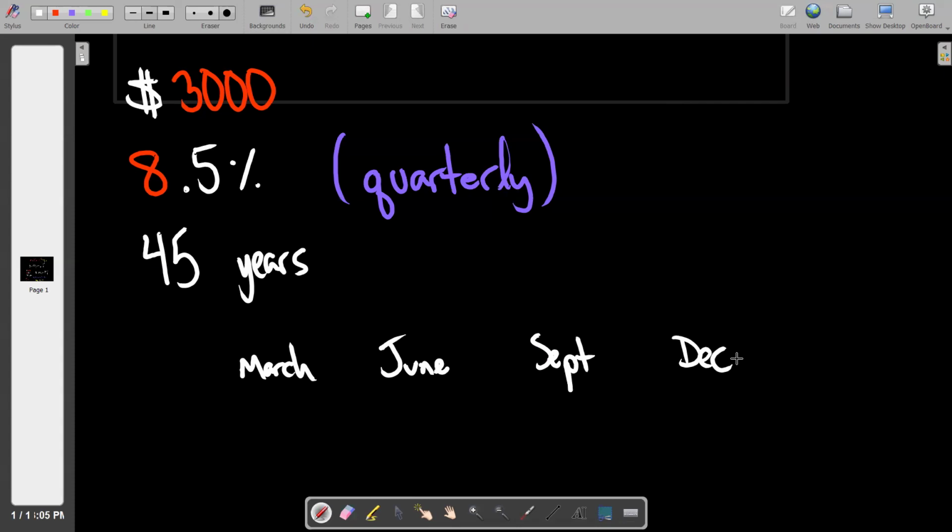So here's a misconception that people sometimes have. They say, oh, this is rad. So are you telling me that I get 8.5% interest in March, and then I get 8.5% more interest in June? And the answer is, of course not. That's not 8.5% interest anymore. That's 34% interest, right? So what happens is the 8.5% interest gets divided into 4 pieces.